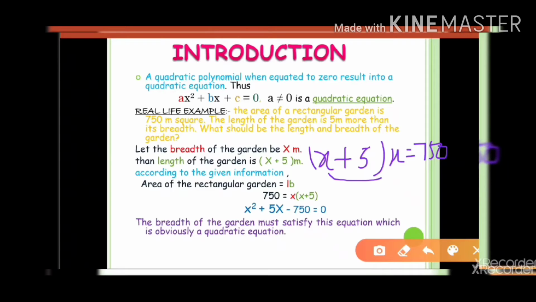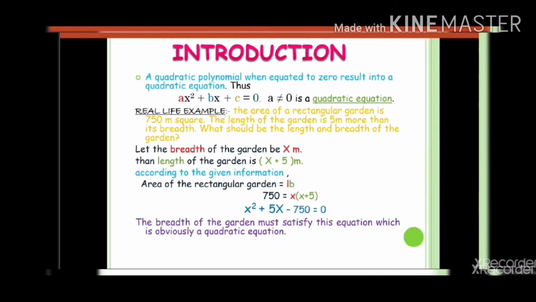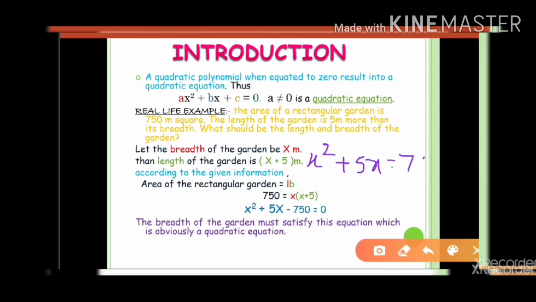When x multiply x, it becomes x square. When x multiply 5, it becomes 5x, is equal to 750. And we can say x square plus 5x is equal to 750.